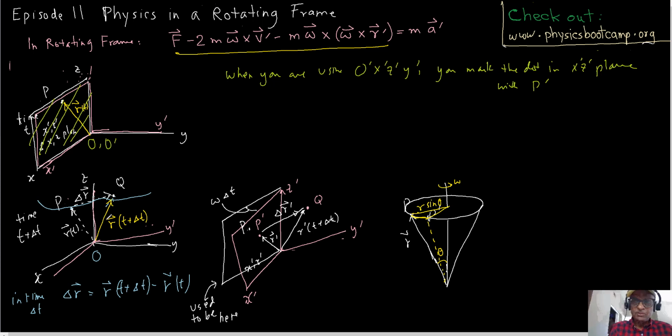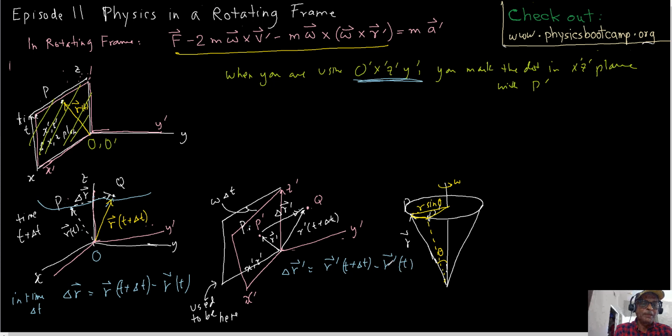But you're using this frame, you're in the rotating frame. What you can notice is that it hasn't moved from P to Q, it moved from P prime to Q. This Q at time t plus delta t is the same in both frames. It's at some point Q. So you're going to get this vector delta r prime, which will be r prime(t plus delta t) minus r prime(t), but this r prime is not equal to this r prime.